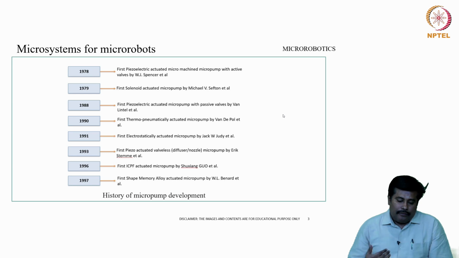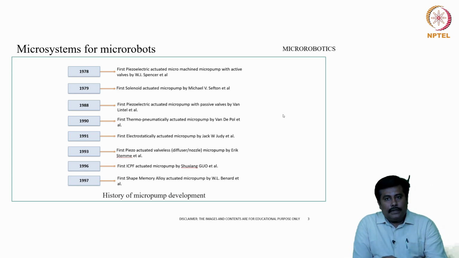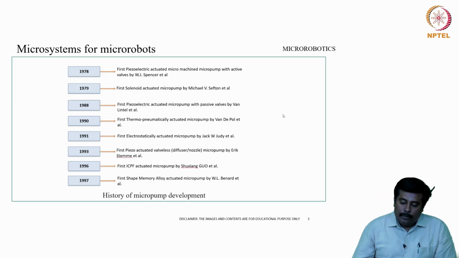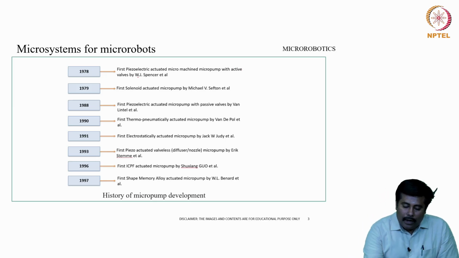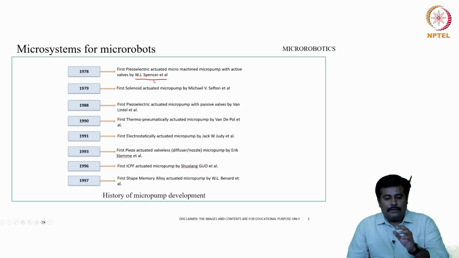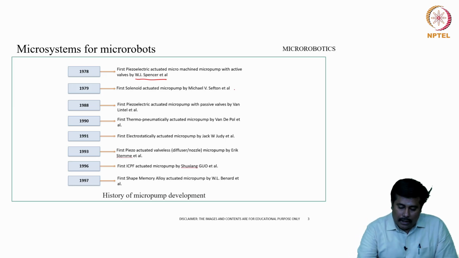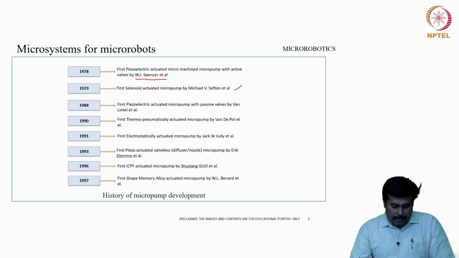Now, let us discuss the history of micropumps. Micropumps were initially developed in 1978. The first piezoelectric actuated micromachined micropump came into existence by W.J. Spencer, where the first active valve based micropumps were integrated. Then in 1979, the first solenoid actuated micropumps were developed.